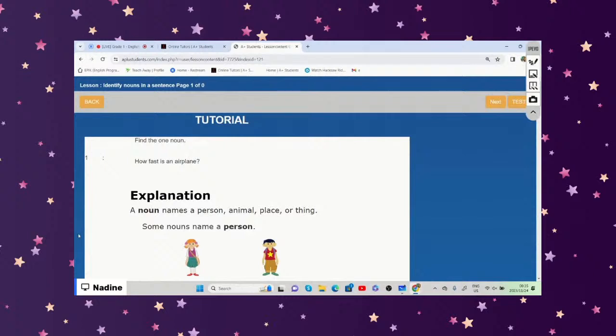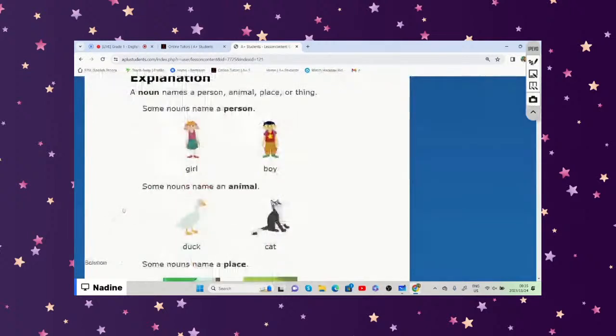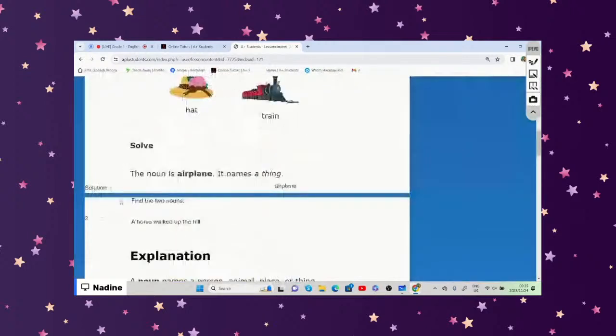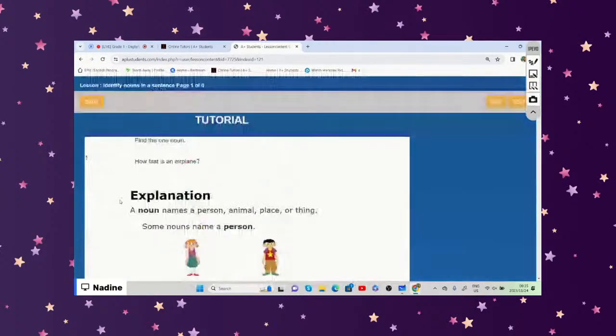And if we look at this first sentence, it says, find the one noun.